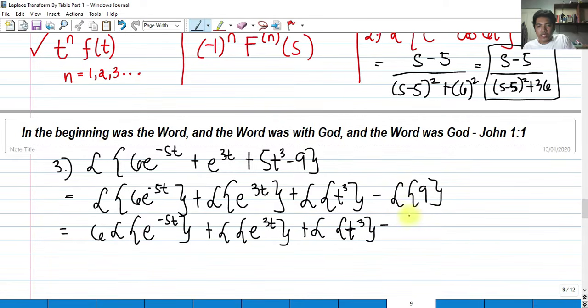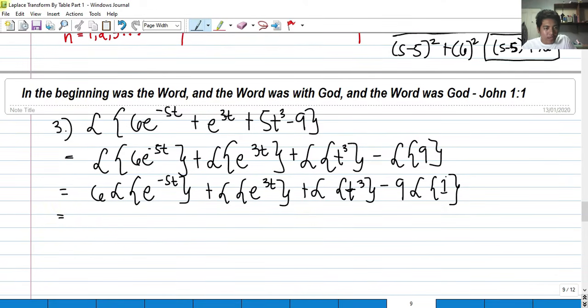And this is simply 9 times the Laplace transform of 1. So again, if we evaluate this, this should be 6. From our previous discussion, for exponential, that is 1 over s minus a. But we have a negative here, so that would be s minus negative 5, our a here is negative 5, plus the Laplace transform of this, that is 1 over s minus 3.